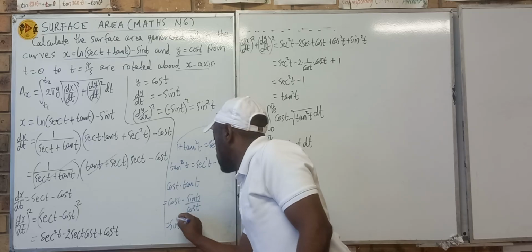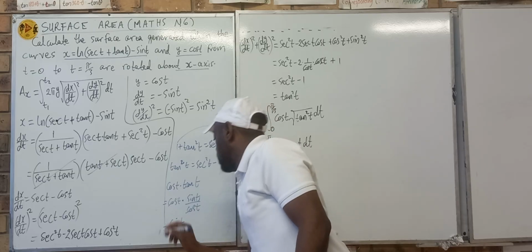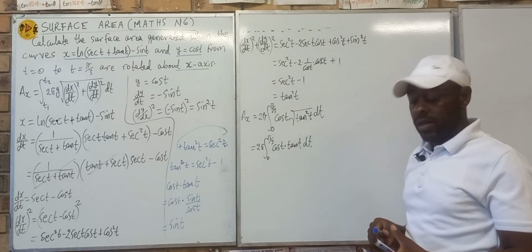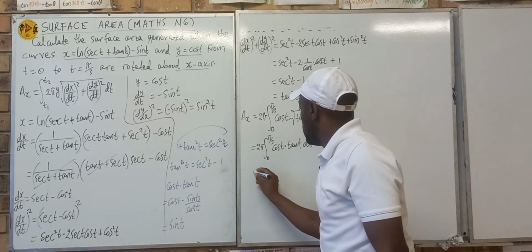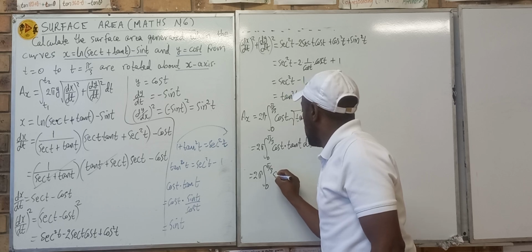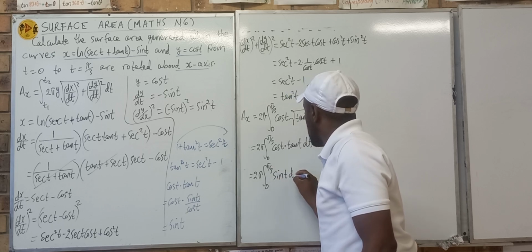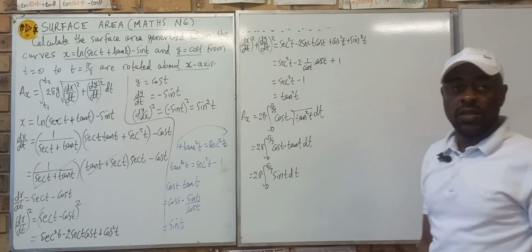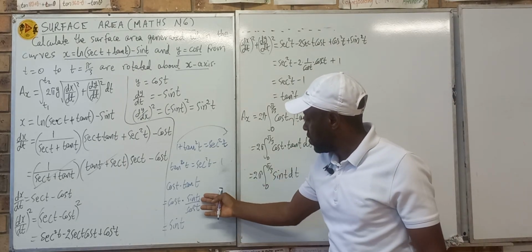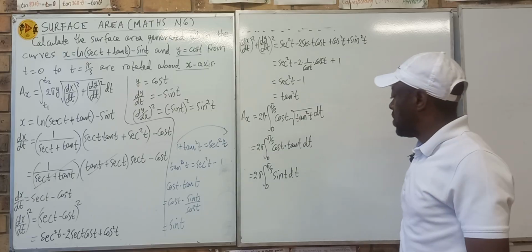That will leave us with sine t. So if you simplify cos t multiplying tan t, it will end up being the integral from 0 to pi over 3 of a simple sine t dt. Cos times tan, I've simplified it there. You see it's sine t.